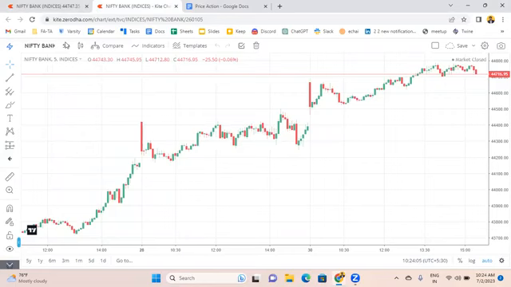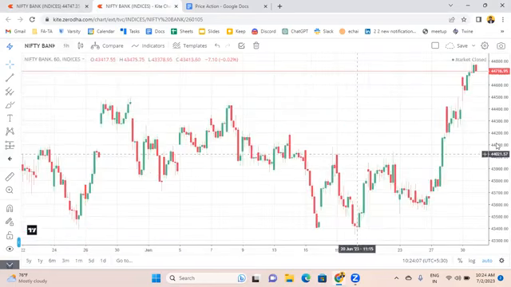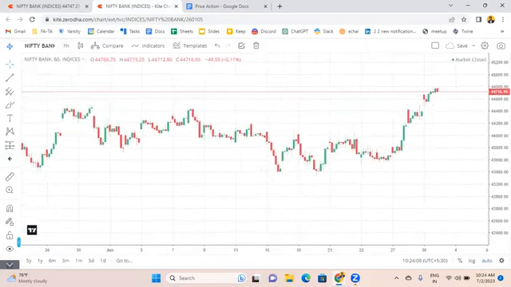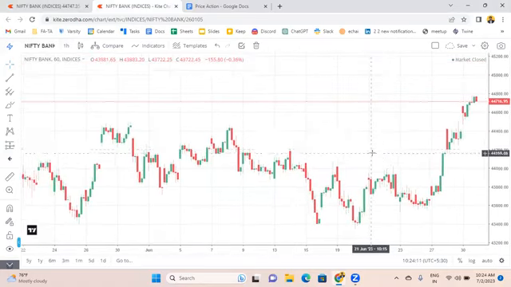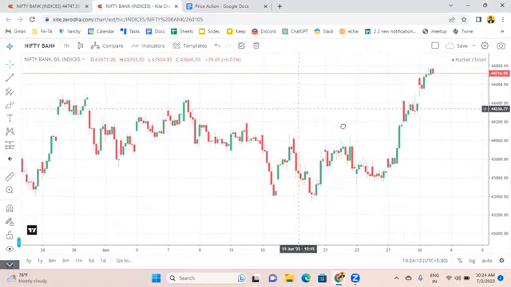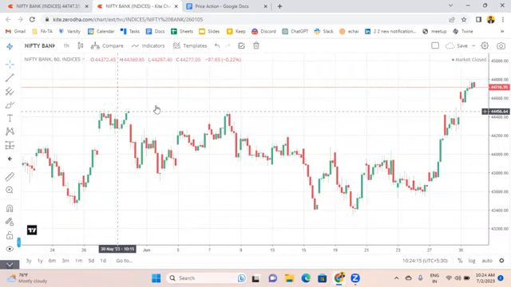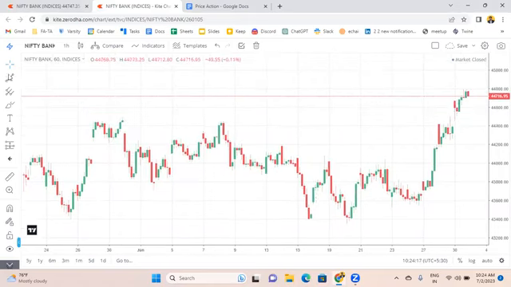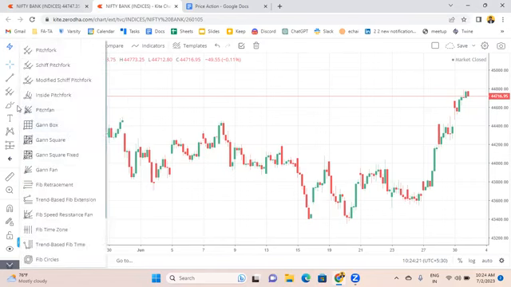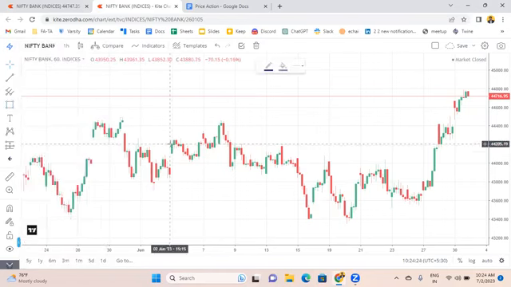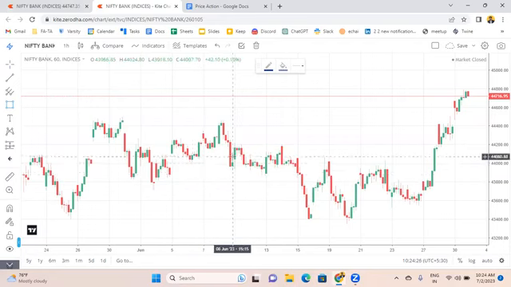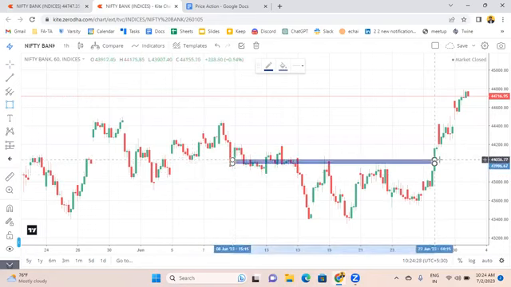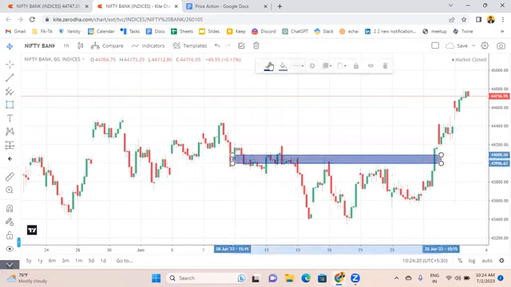We can see this on the chart as well. This is Bank Nifty's chart. I'll go to a 1 hour time frame. But how do we mark the supply and demand zone? Wherever the prices go down, we can draw a rectangle like this, and I'll mark it with a red highlighter.